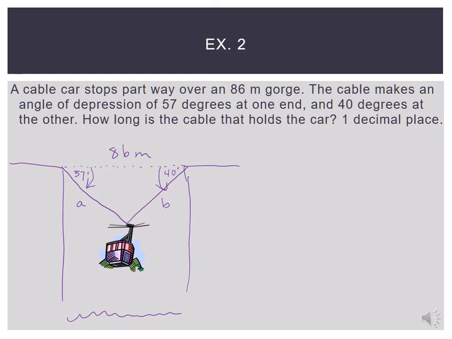So if that's small a, that's capital A, small b, capital B, and we'll call this capital C, we'll call this small c. So we don't have a 90 that we can assume is in there. So that means let's go to our little chart that we make.